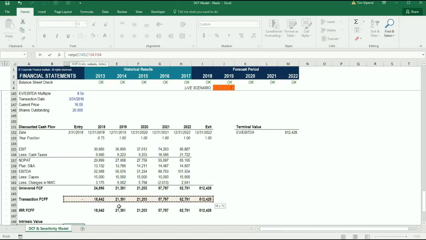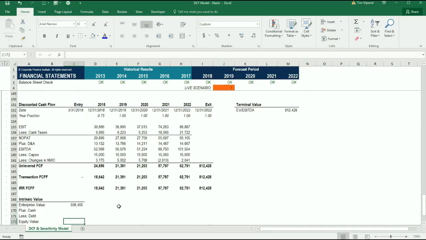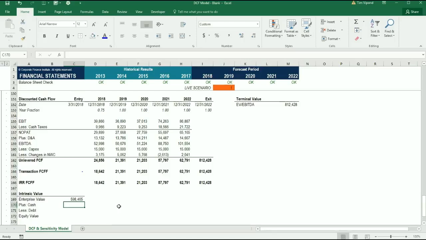So here are the cash flows. You'll notice 0 cash flows being received on the date of the transaction close, but we need to include that so that we discount the cash flow all the way back to this first date here. So we've now matched the cash flows to the dates that we laid out above. And when I press enter, we get this enterprise value for the business.